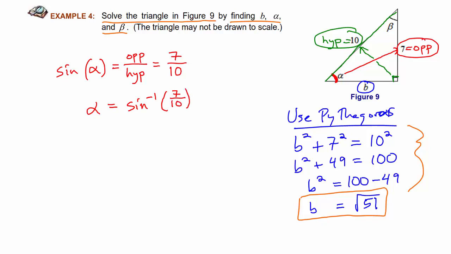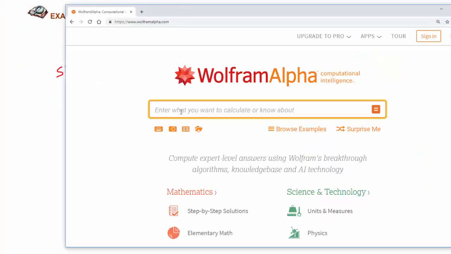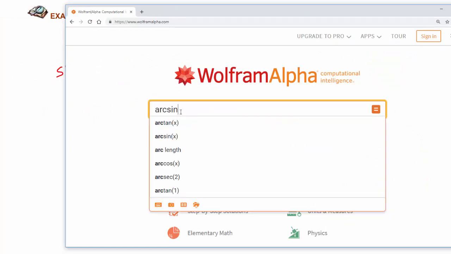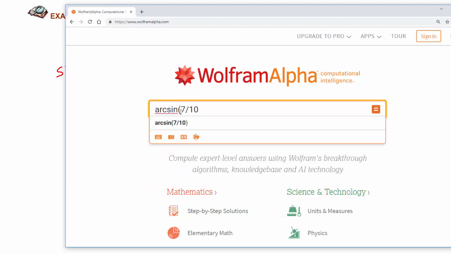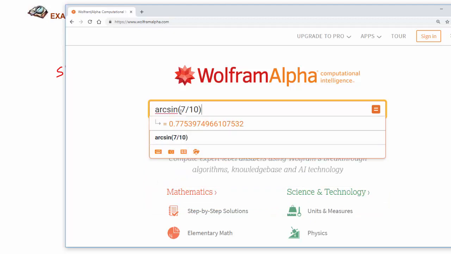We need some sort of calculator to approximate that. That's not something we would be expected to know for ourselves, so I've opened up Wolfram Alpha here to do the calculation. If I do arc sine, which is a little easier to type for the inverse function, of 7 divided by 10, you can see it's already trying to give me the value of 0.77.